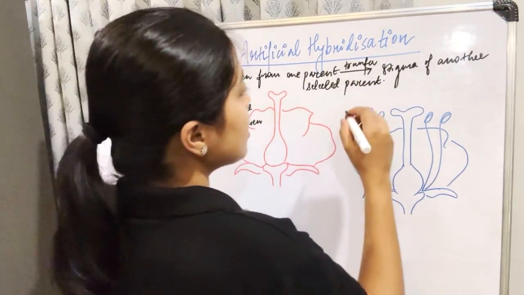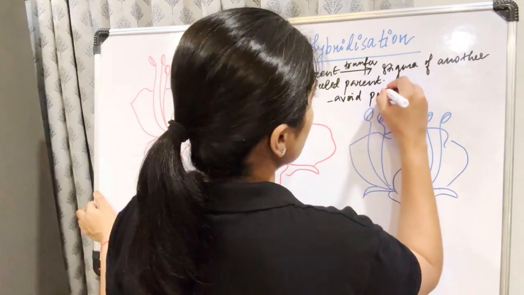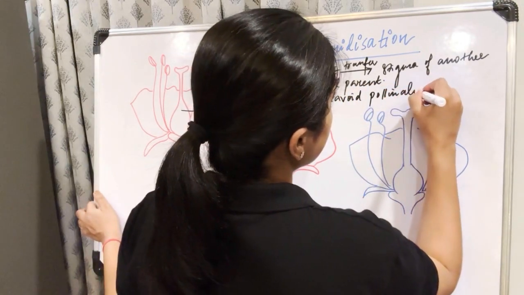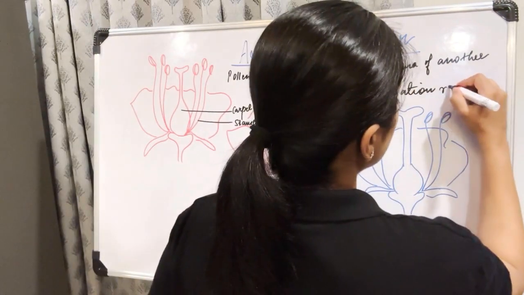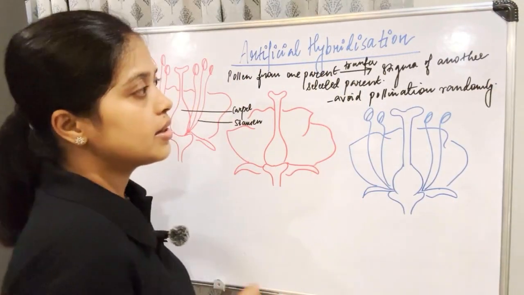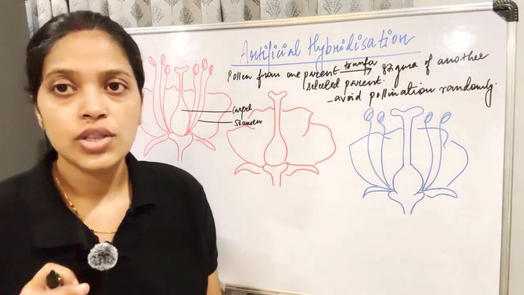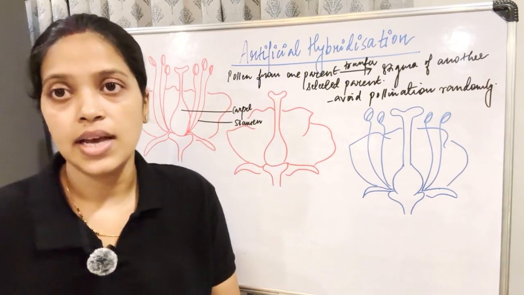Here we avoid any kind of pollination that can occur randomly. How do we do that? There are three steps that come under artificial hybridization.